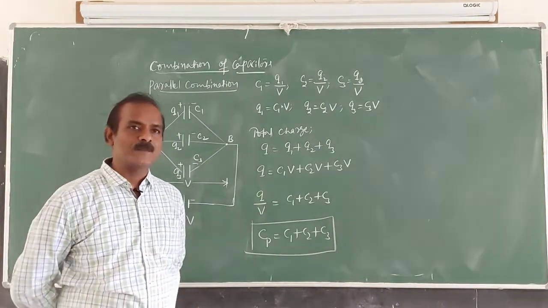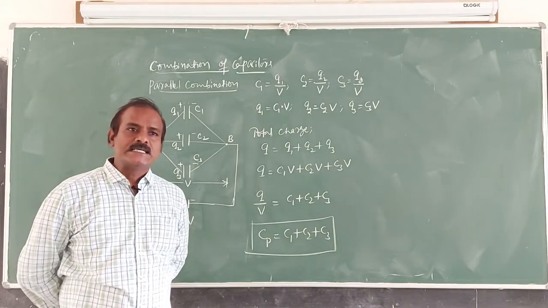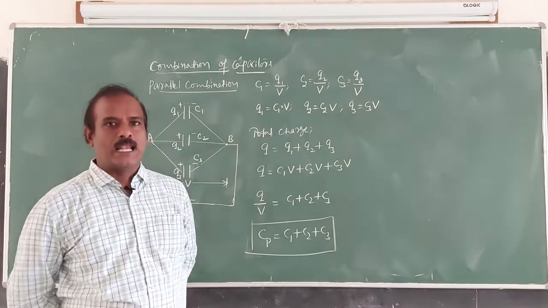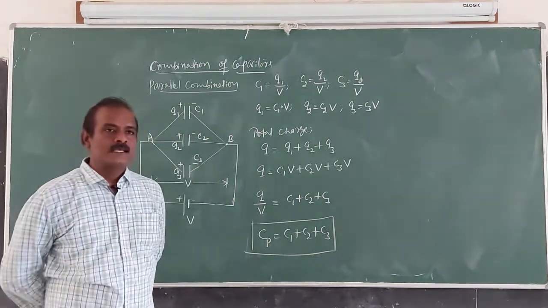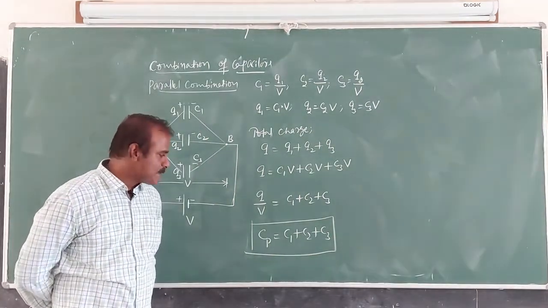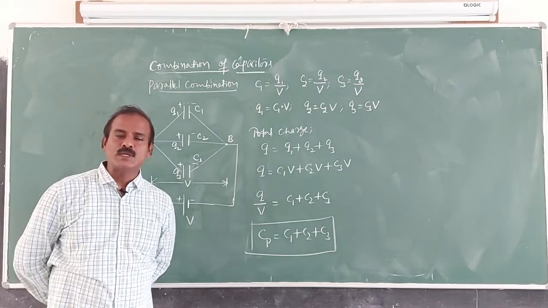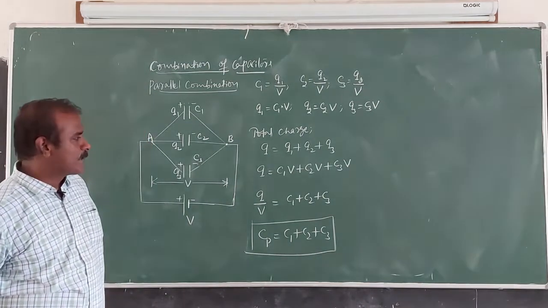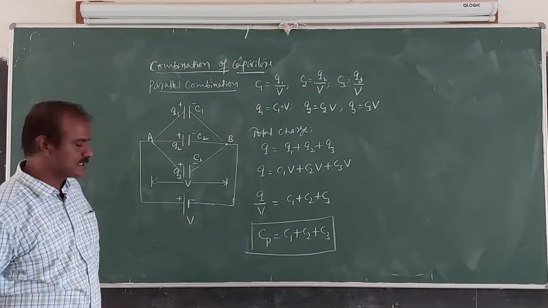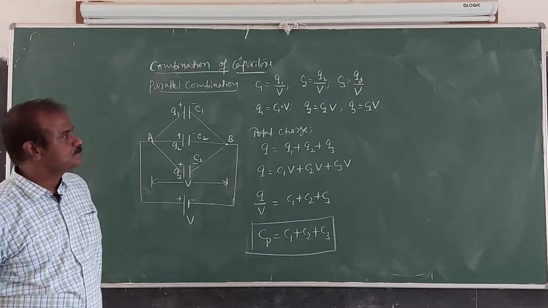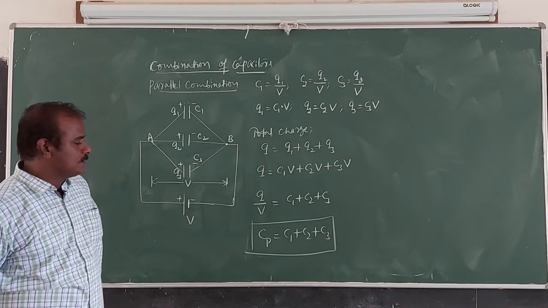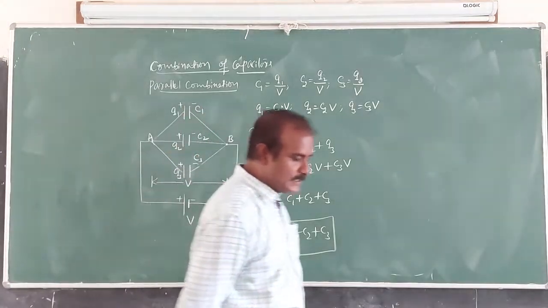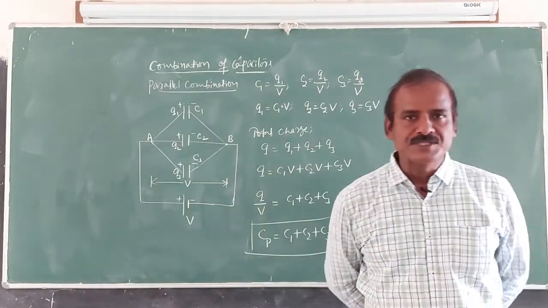Unlike series combination, there it was reciprocal of effective capacitance is sum of the reciprocals. Here it is just a sum of the capacitances of individual capacitors. Sum of the capacitances of individual capacitors is Cp here. Here, unlike series combination, in the parallel combination, the total capacitance increases.